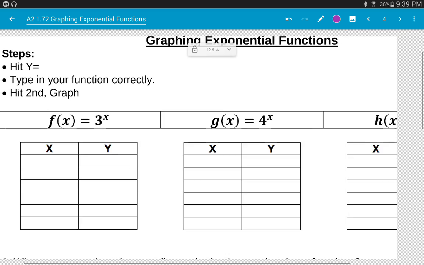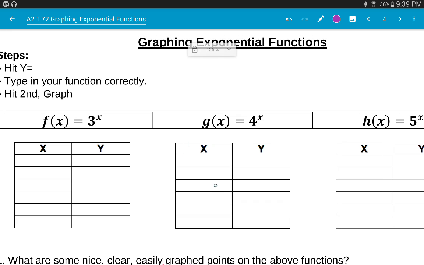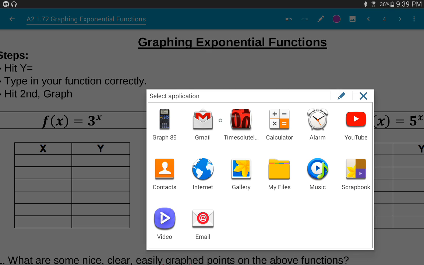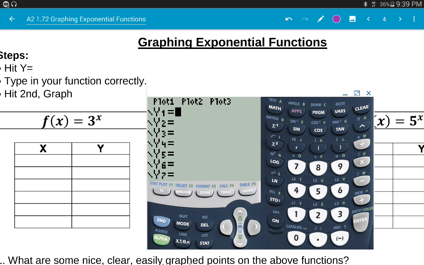So I'm going to pull up my calculator, and we're going to use the table to find some nice points in the function 3 to the x. So we go into our y equals, and we type 3 to the x.